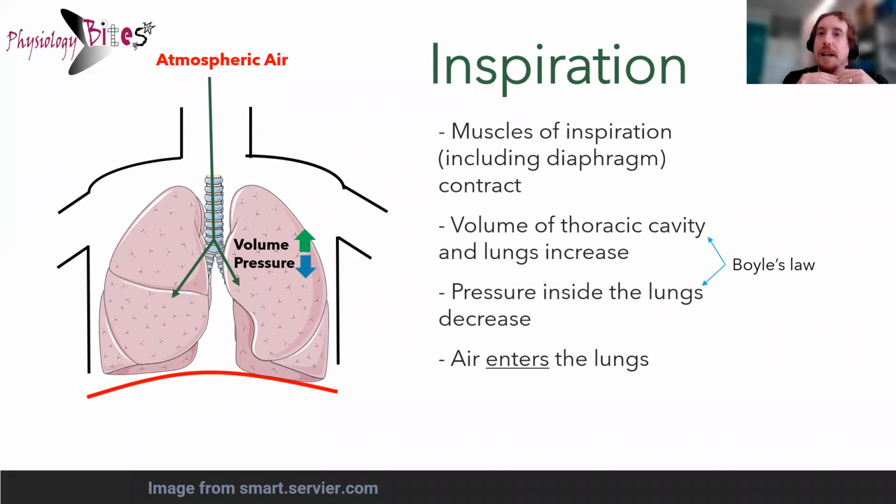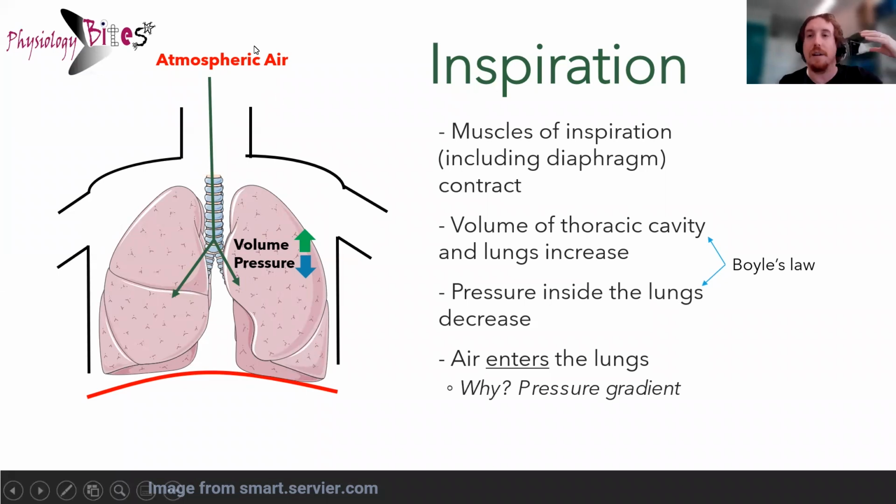What we've done by doing that is we've created a pressure gradient, which means that we now have lower pressure in the lungs than we do in the air that we breathe. And what happens with gradients, whether it be a pressure gradient or whatever it may be, is they love moving from areas of high to low. So because we've now changed our lung volume and decreased the pressure, the pressure inside the lungs, so this hand has dropped, and is now lower than the pressure in the atmosphere.